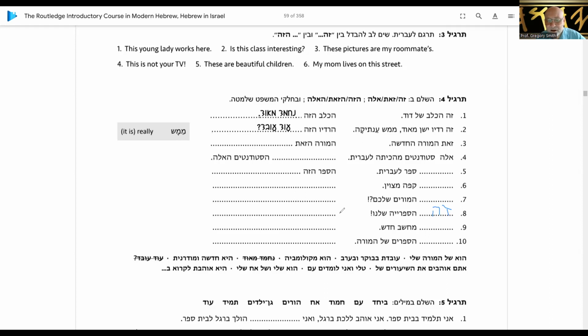So how about hasifriya? Hasifriya hazeh. Yeah, because it's going to use this one right here, hazeh. The library, hasifriya hazeh. And we got to use one of these like who, he, him, or hen. And because we're speaking of a singular masculine, we're going to use who.